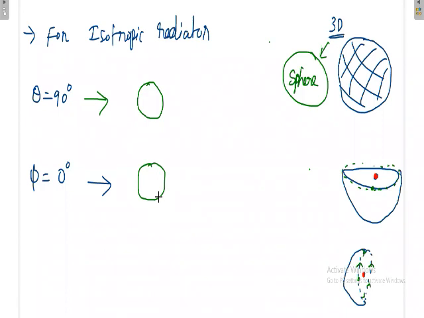Next, what is average radiation density? Please note down, density is different, intensity is different. There are two varieties. Now we'll see average radiation density. Please do not worry about this average, because whenever you have average, what is the meaning of that?